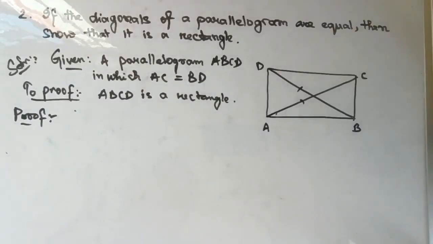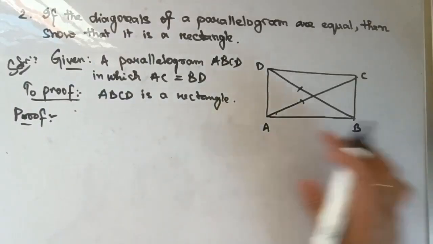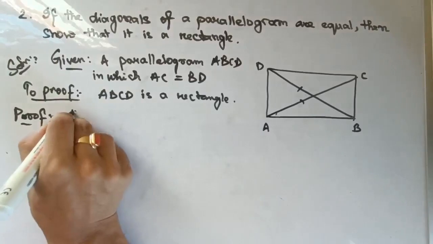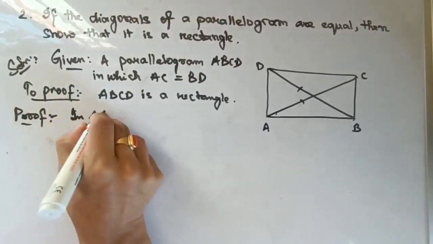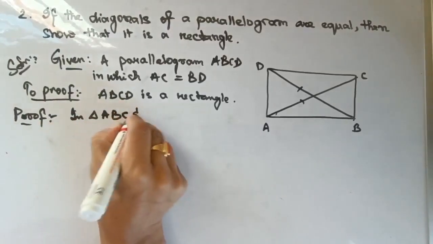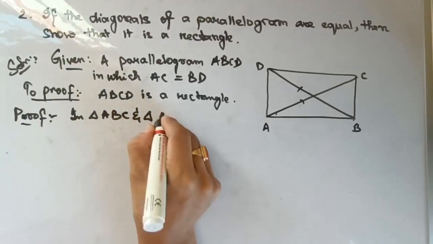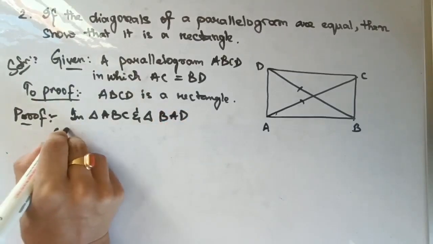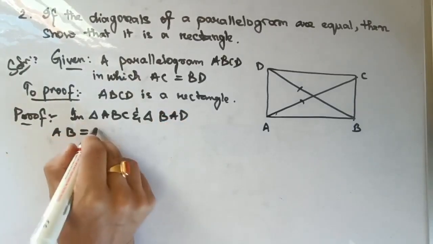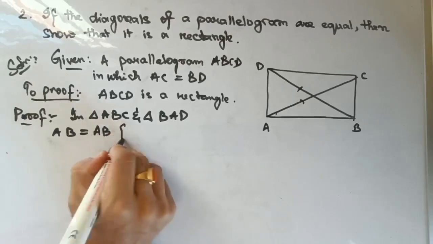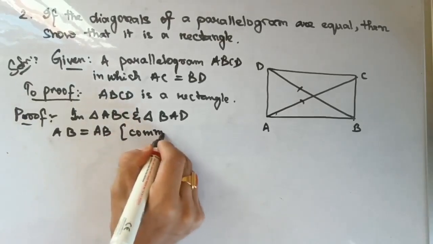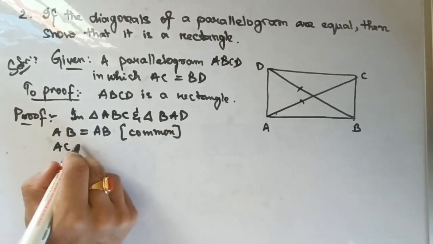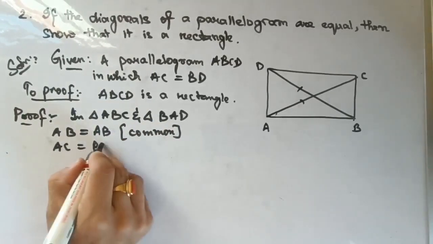Now proof. Let us consider the two triangles, triangle ABC and triangle BAD. So in triangle ABC and triangle BAD, we get AB equal to AB. That is, this side is common to both the triangles. Then side AC is equal to side BD.